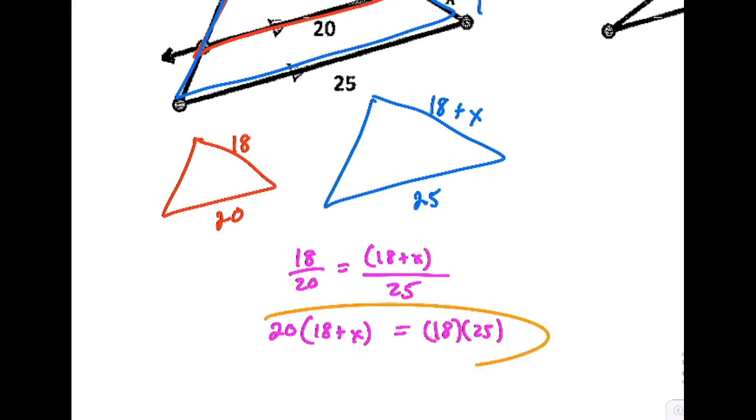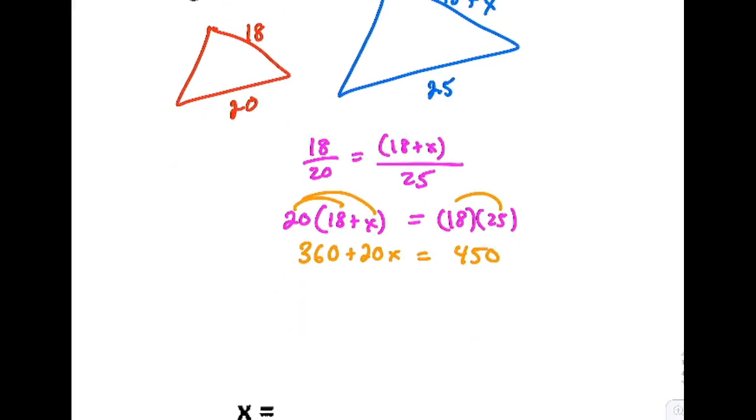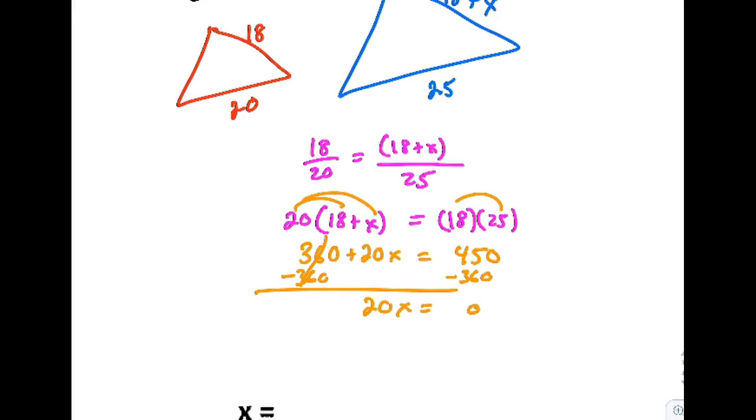When I cross multiply, I get this. When I distribute 20 times 18, 360 plus 20x. Over here I have 450. I'm going to subtract 360 from both sides. I have 20x equals 90. Divide both sides by 20, and x comes out to be 4.5.